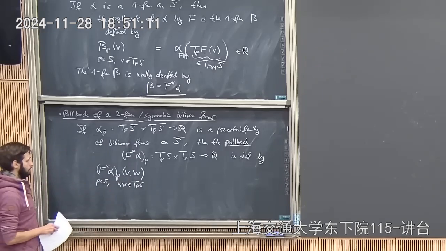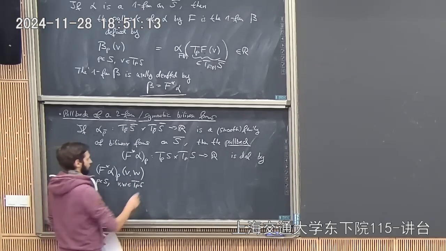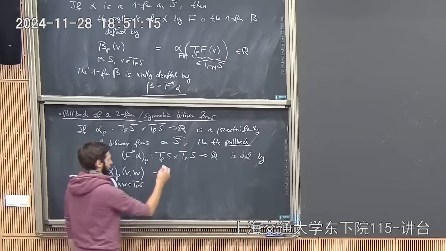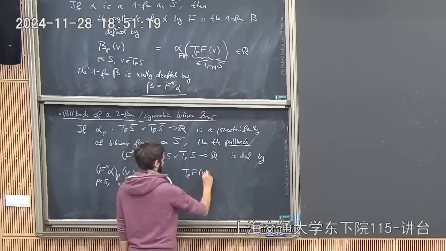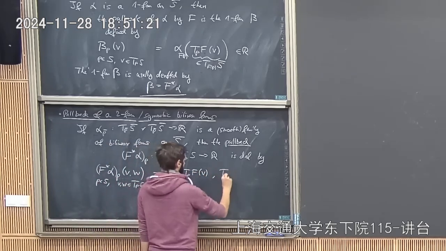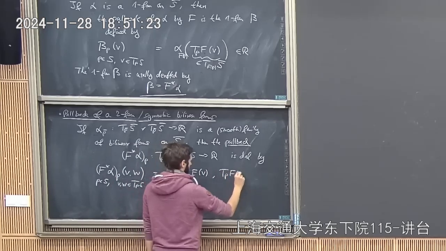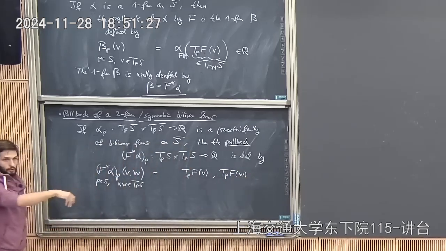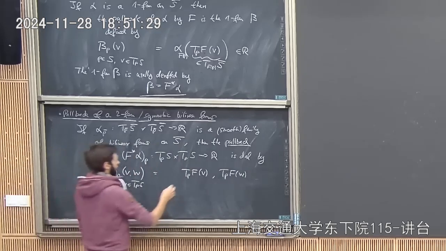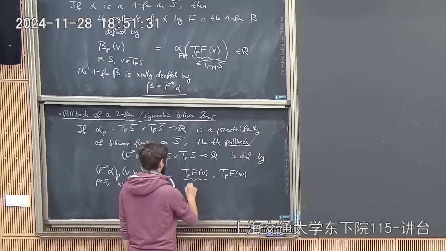So the only natural guess what you could do would be, okay, we transform both of these tangent vectors so that both give us tangent vectors which are now living on the target.